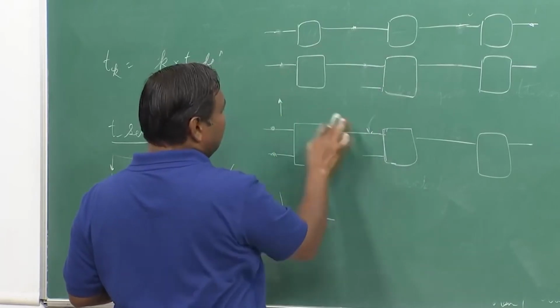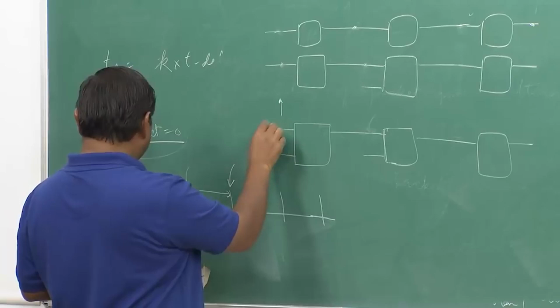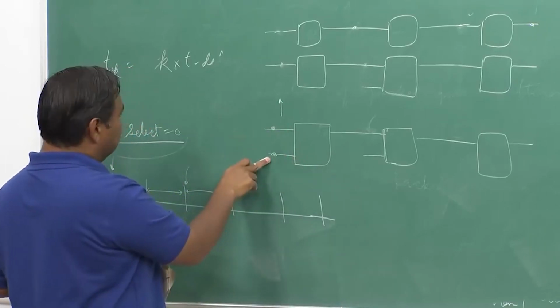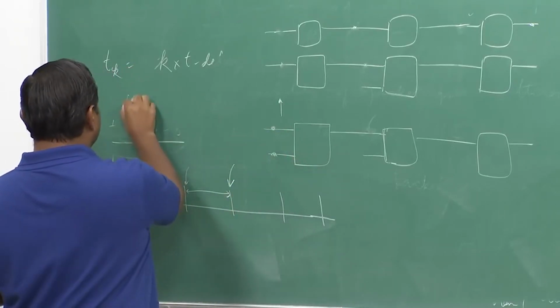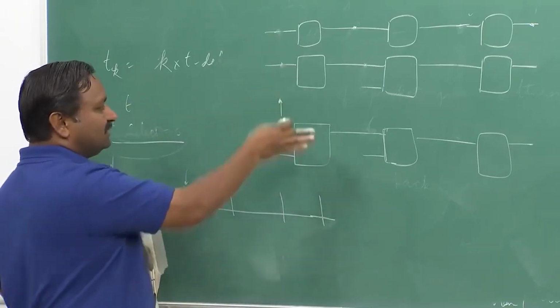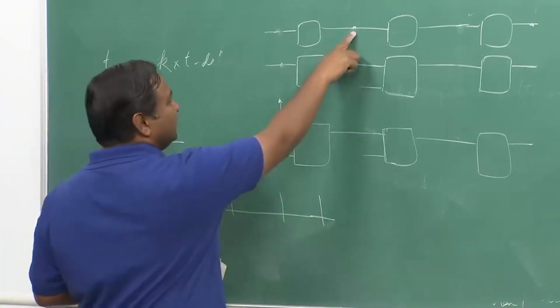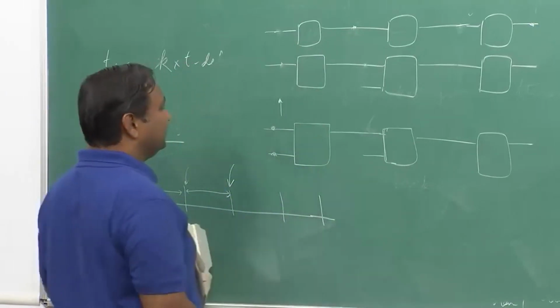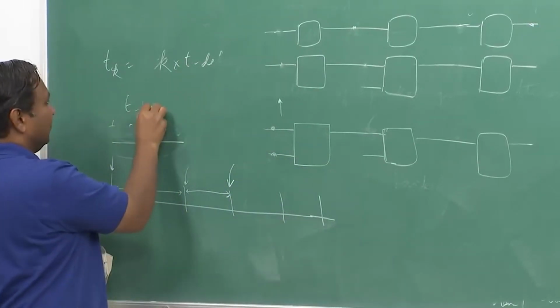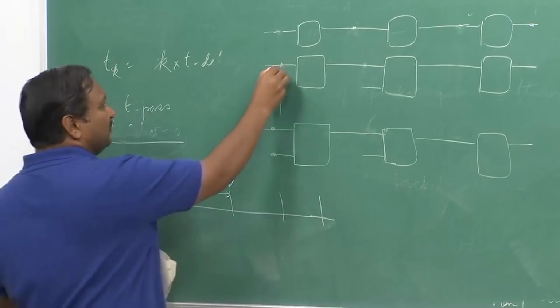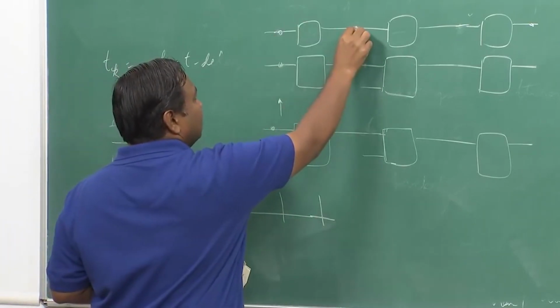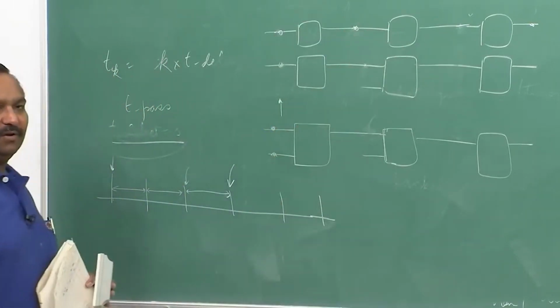Let me just repeat it. When T pass is 0, what I have done is for T select equal to 0. So, unless the buffer is emptied, you cannot push the packet out. But when T pass is 0, the packet can move almost instantaneously. So, we do not worry about the buffer being emptied or not.